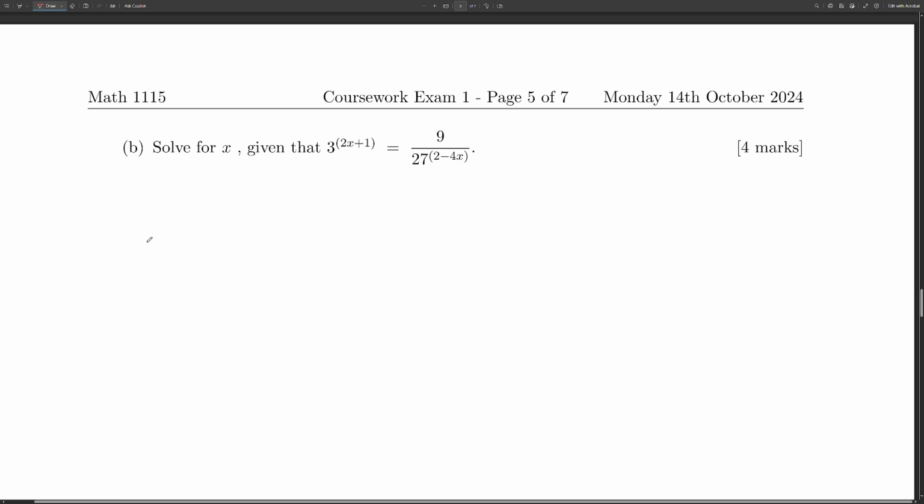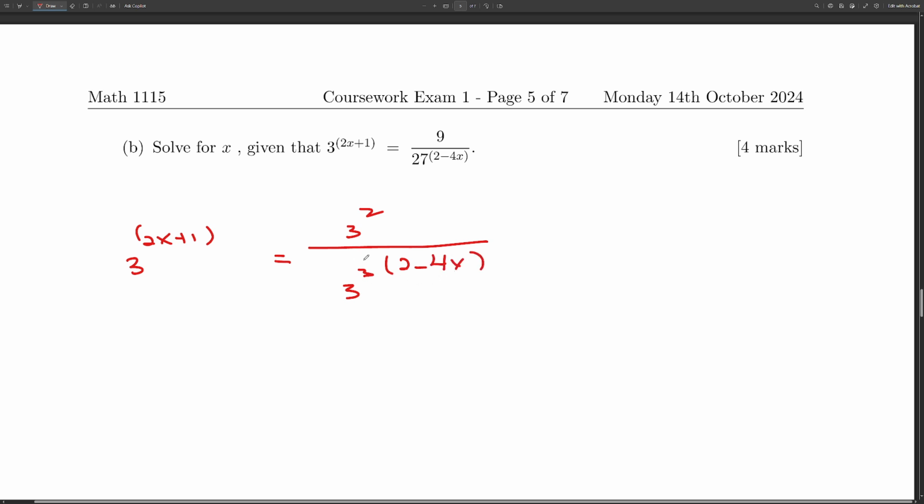Right, so let me see how I can do that. Let's write 3 to the power of 2x plus 1 is equal to 9, that's 3 squared. Let's put everything to the same base. 27 is 3 cubed by 2 minus 4x.